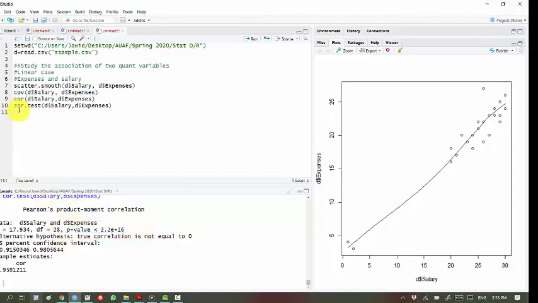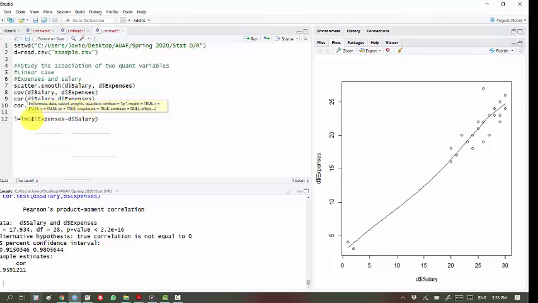Now that we are satisfied with the value of the correlation as well as the scatter graph showing a high degree of linear association between salary and expenses, I can go ahead with modeling this linear association using a simple linear regression model. In R, I use l = lm($d$expenses ~ $d$salary.